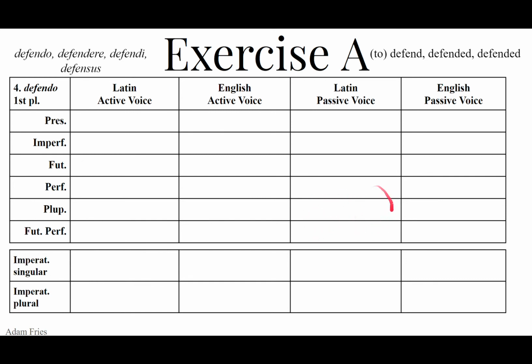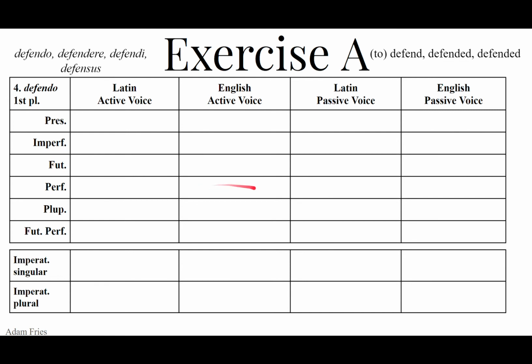Just going to add some helping verbs, first person plural. So, defendimus. Oh wow, it's the same as the present tense. Context will tell you which one is correct, because we have the endings i, isti, it, imus, istis, erunt. Defendimus. We defended.